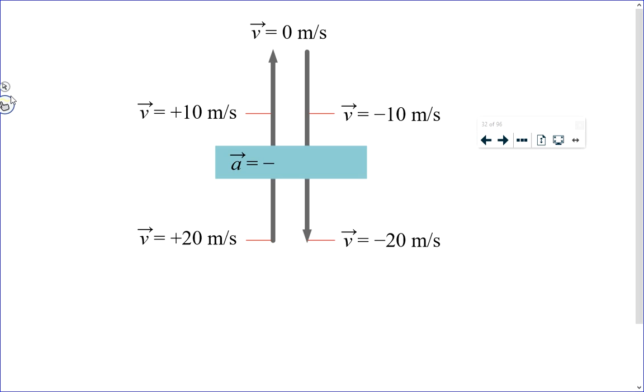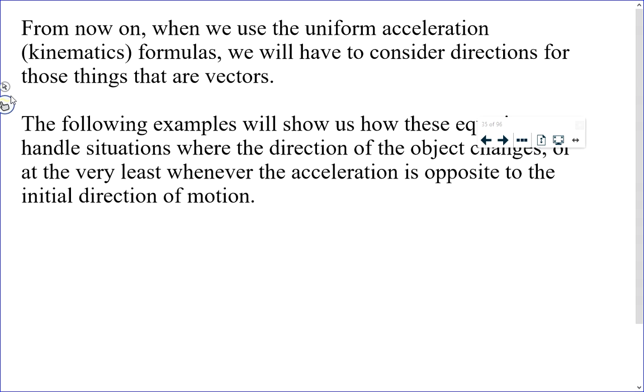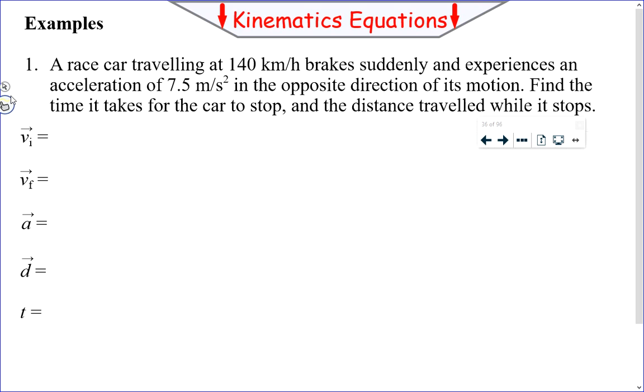Whether the object is on its way up, slowing down, or on its way down, speeding up, it still has a negative acceleration. And from now on, this is what we have to use. All right, so from now on, when we use the formulas, we'll have to consider the directions for those things that are vectors. Let's get into the examples.